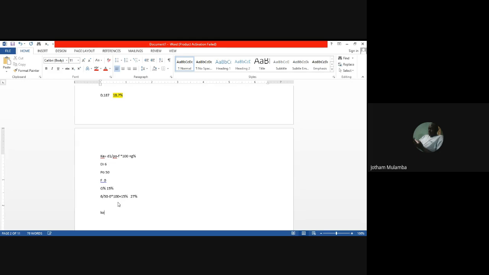So Ke equals D1 divided by P naught minus F, then we multiply by 100. For retained earnings, we don't add the growth rate. We calculate it the way we calculate the cost of equity, without adding the growth rate.